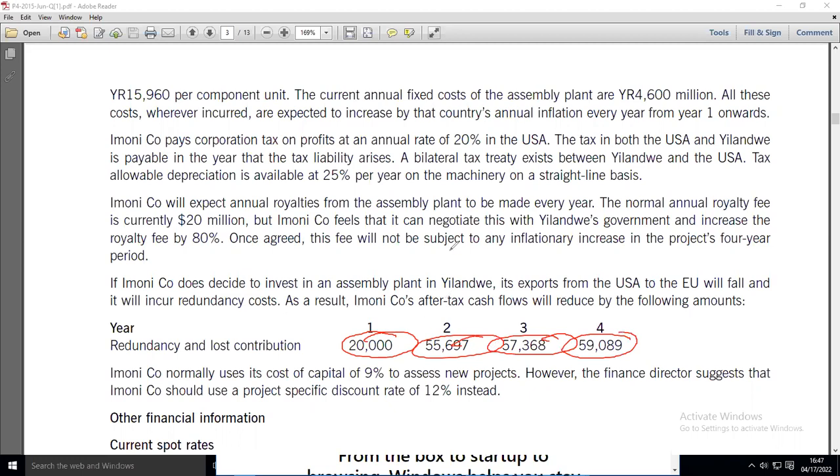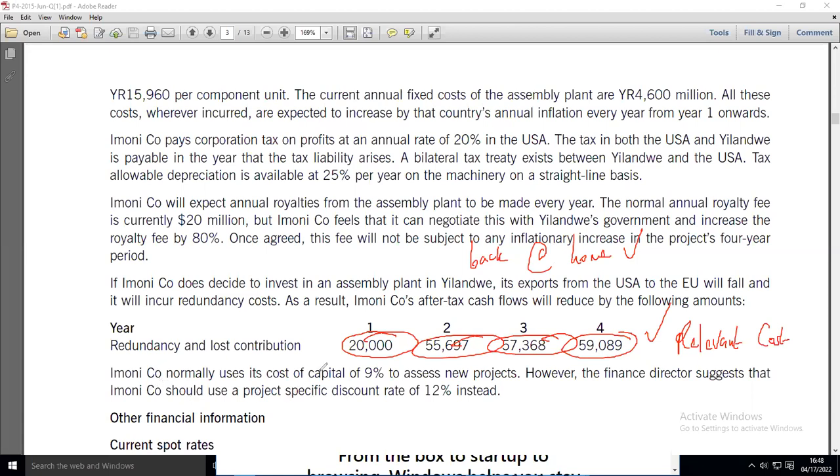So this project is creating an opportunity cost back at home, and we need to capture this. It's the relevant cost that you must capture. So we'll capture that.